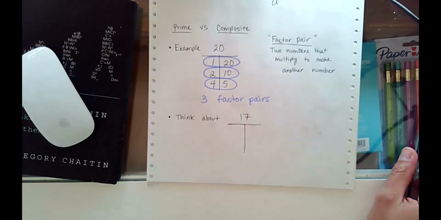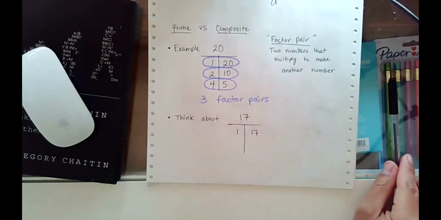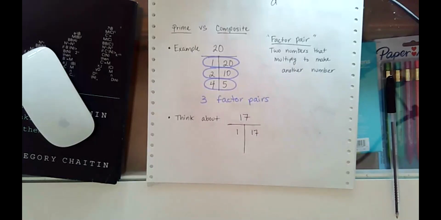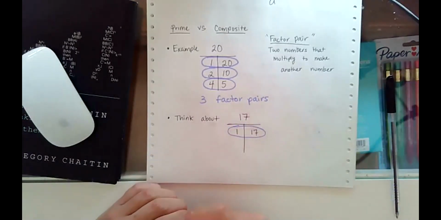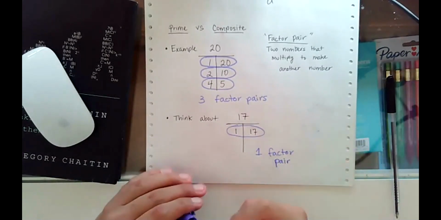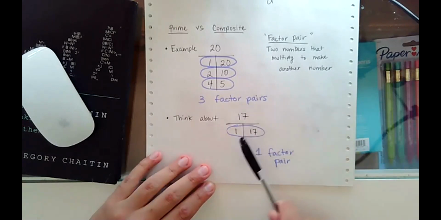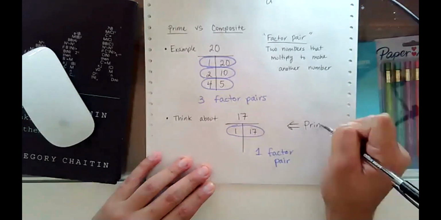Just be 1 and 17. 1 and 17. Are there any other factor pairs? And when I say factor pairs, I mean specifically they have to be whole numbers. No. So what you would say is that there's only one factor pair here. And because 17 can only be written in terms of 1 and itself, we would say that this is a prime number.